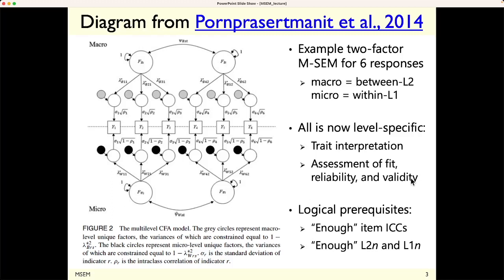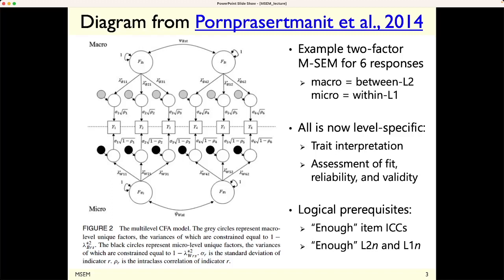Validity, too. So a factor, as I'm fond of saying in my SEM class, is just the covariance around items with a circle drawn around it, and you gave it a name. There's no way to say that my name is any more correct than your name, because we don't know why these items have something in common. We know that they do.